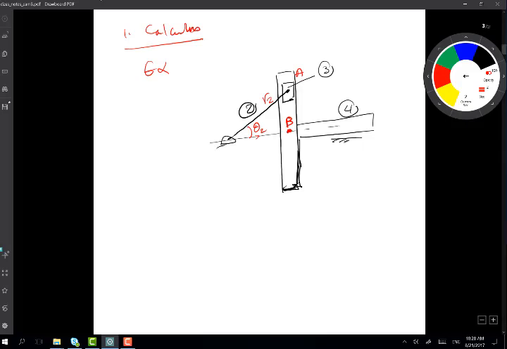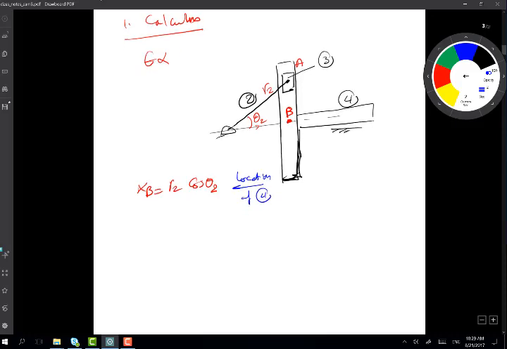I have an expression for xb, which is simply R2 cosine theta 2, right? So this is the position location of the slider. This determines for me the position of link number 4. And if I differentiate that, I should be able to get the velocity of the slider 4 as well.